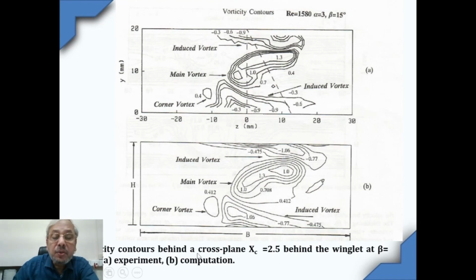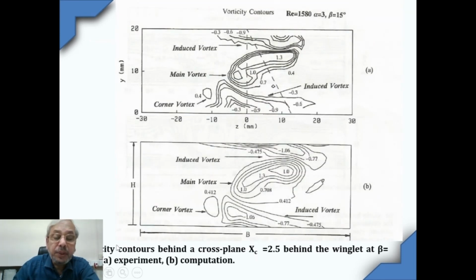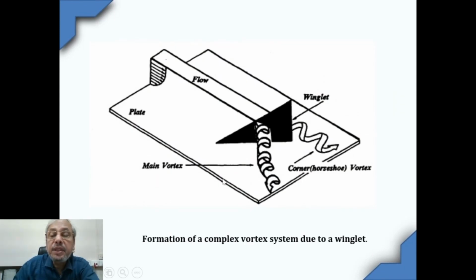So these are vorticity contours behind a cross plane at xc equal to 2.5. This is the distance behind the winglet. The winglet is placed at beta angle equal to 150 degrees, and A are experimental results, B are computational results. Why I showed this is that it is a very complex field, because whatever I have shown schematically doesn't stay static.